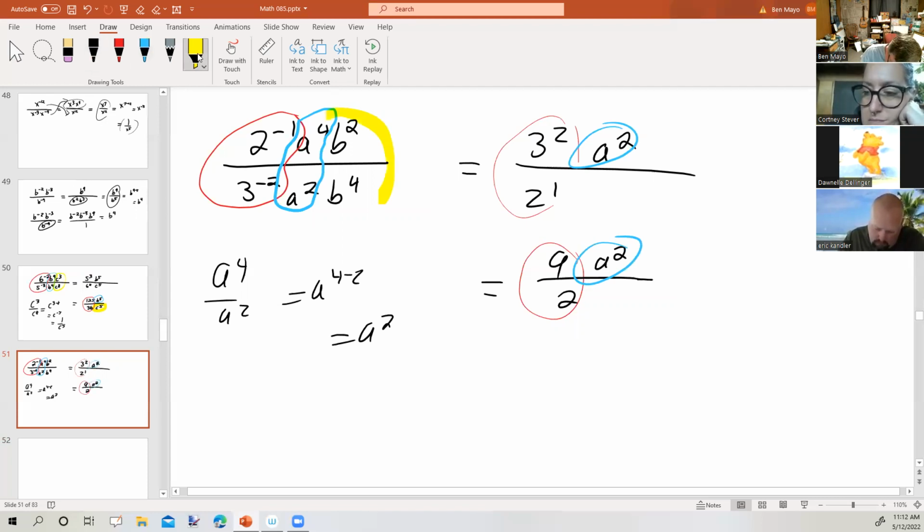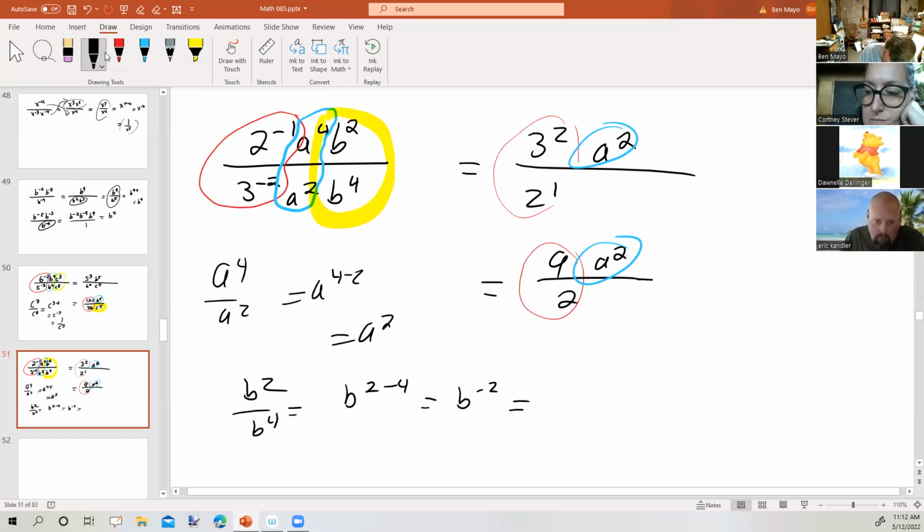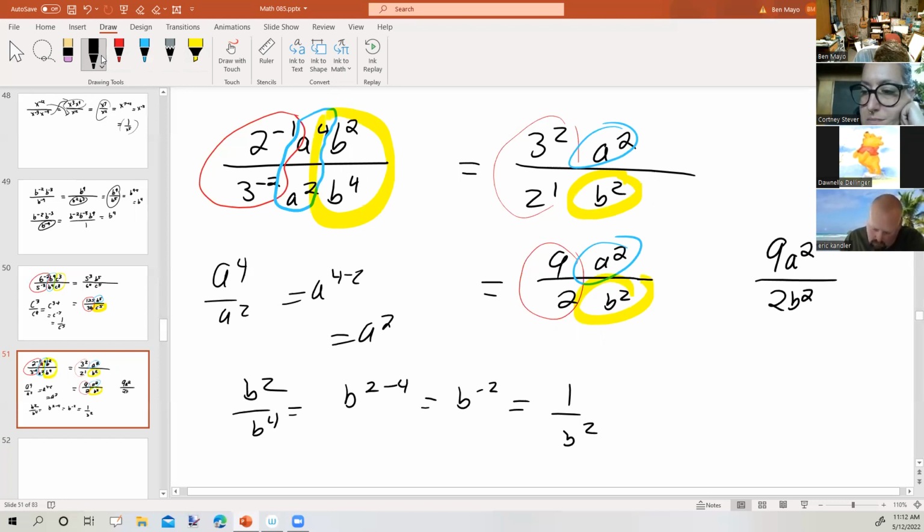And then finally this, b squared over b to the 4th is b to the 2 minus 4, top exponent minus bottom exponent, which is b to the negative 2, which is 1 over b squared. So we've got the b squared in the denominator. So we get 9a squared over 2b squared.